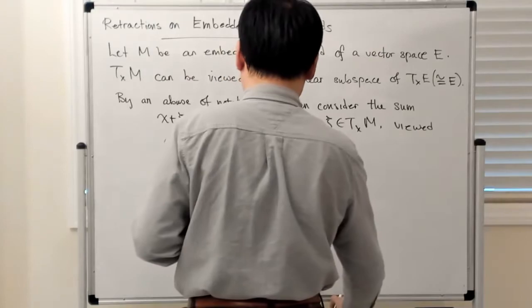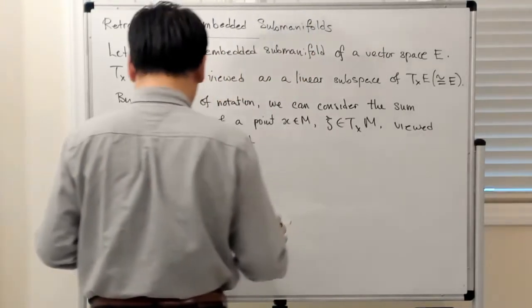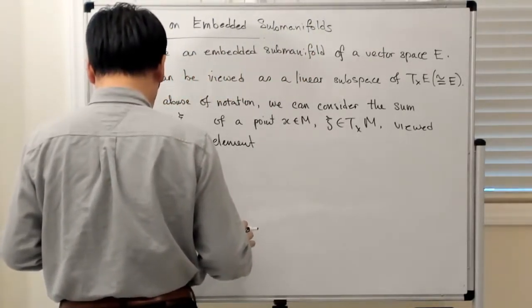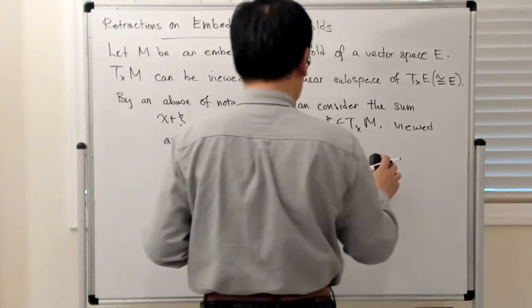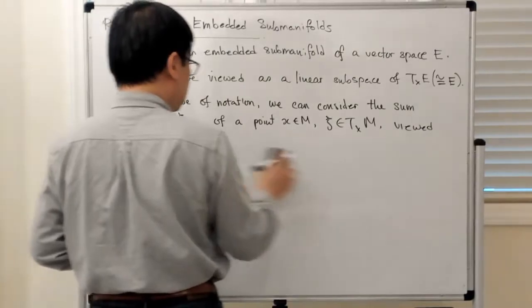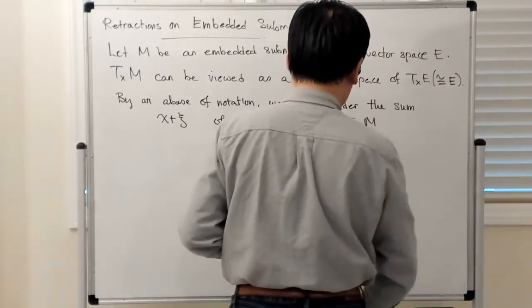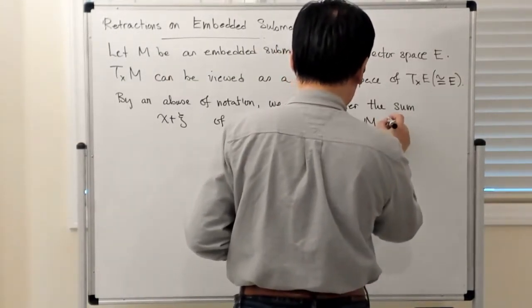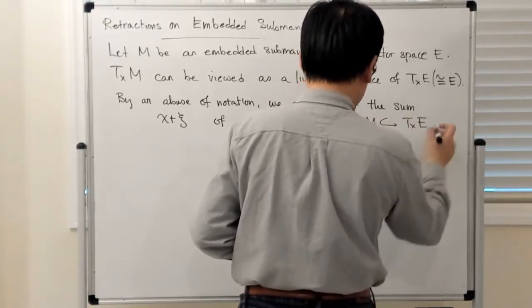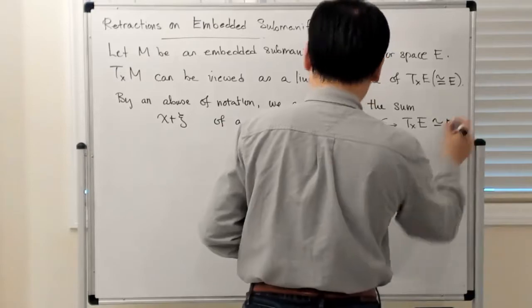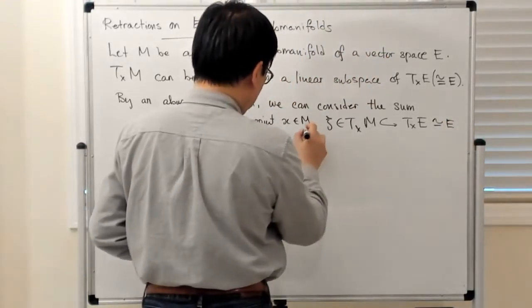So what I want to do is think of this as being embedded in the tangent space to E, and then identified with E.